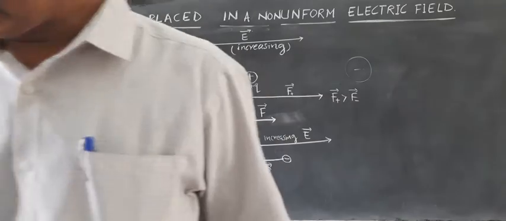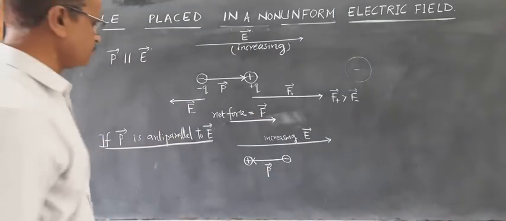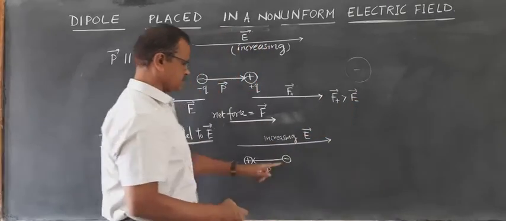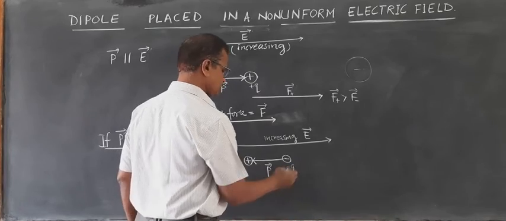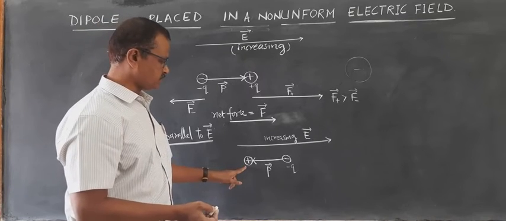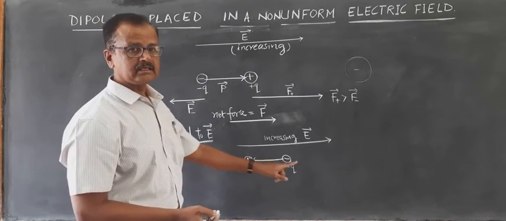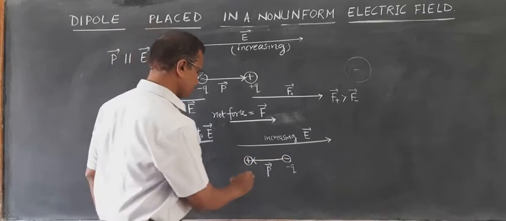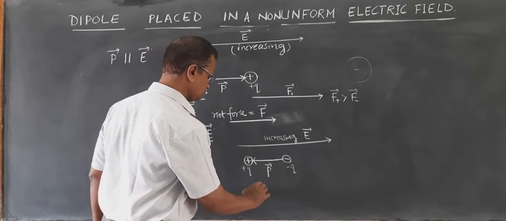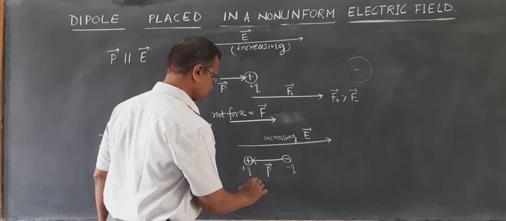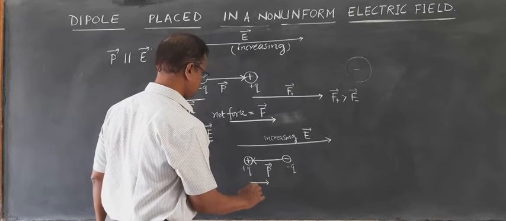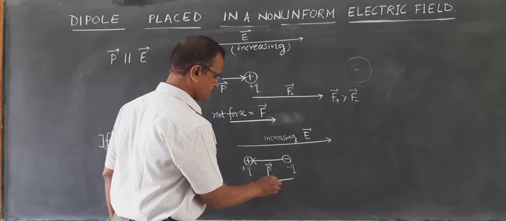Then what happens? If the electric field is increasing in this direction, definitely, if you assume there is a negative charge Q, it experiences a greater amount of force, which is repulsive, and the positive charge experiences a lesser attractive force. If you mark it as plus Q, the force experienced by this is of lesser magnitude, and this force is of greater magnitude.